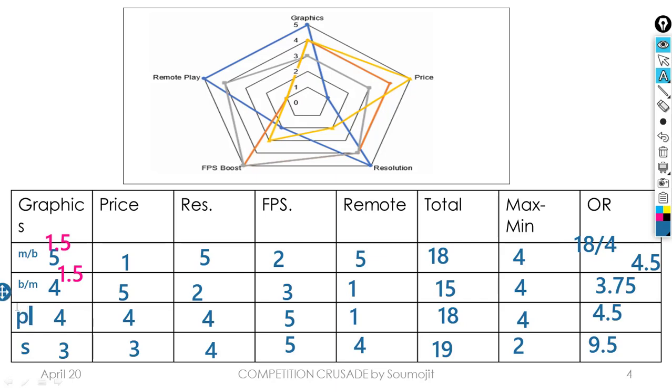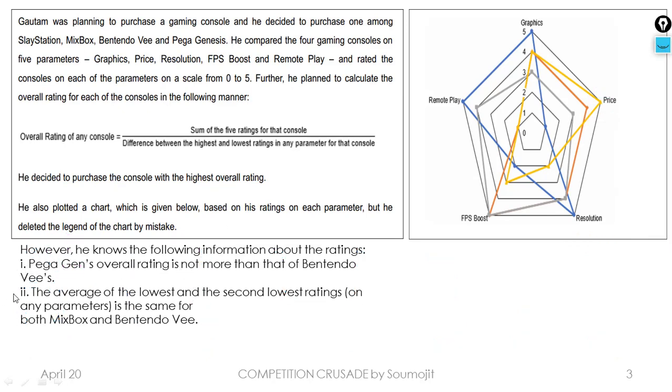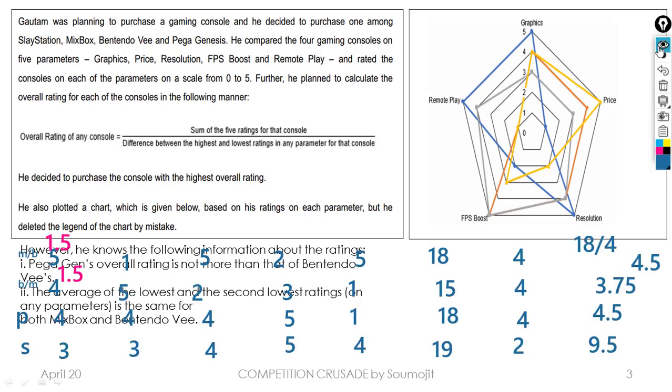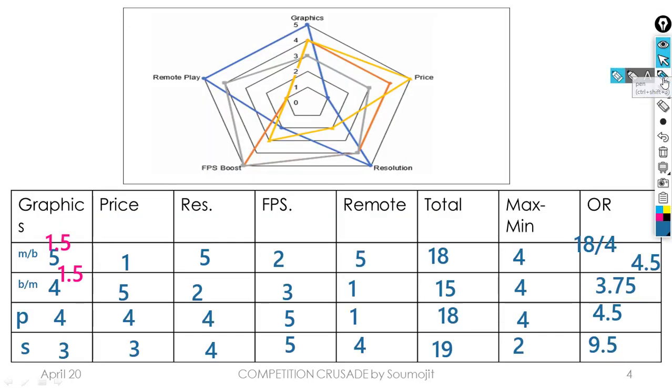Now the thing is, in the condition itself, it is given that Pegagen's overall rating is more than that of Nintendo Wii's. Okay, so just see this thing for yourselves. If this is Nintendo Wii, the condition gets violated. This Pegagen is more than this.